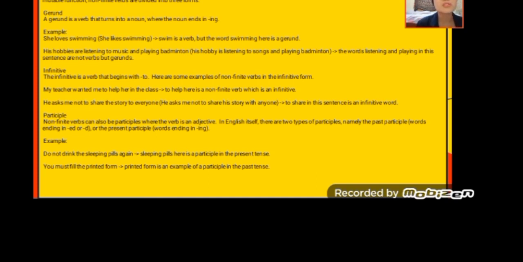For example, do not drink the sleeping pills. Sleeping pills here is a participle in the present tense. And then you must fill the printed form. Printed form is an example of a participle in the past tense.